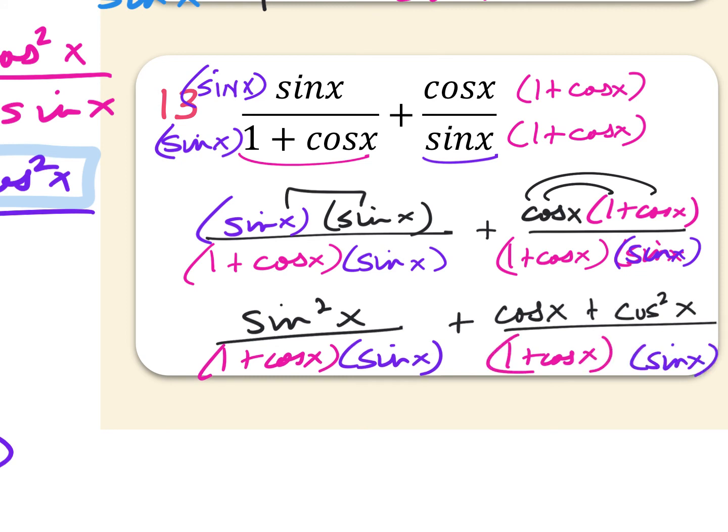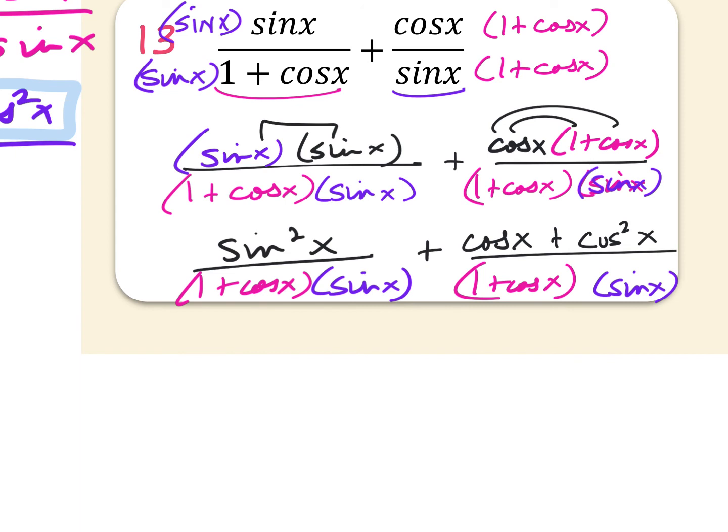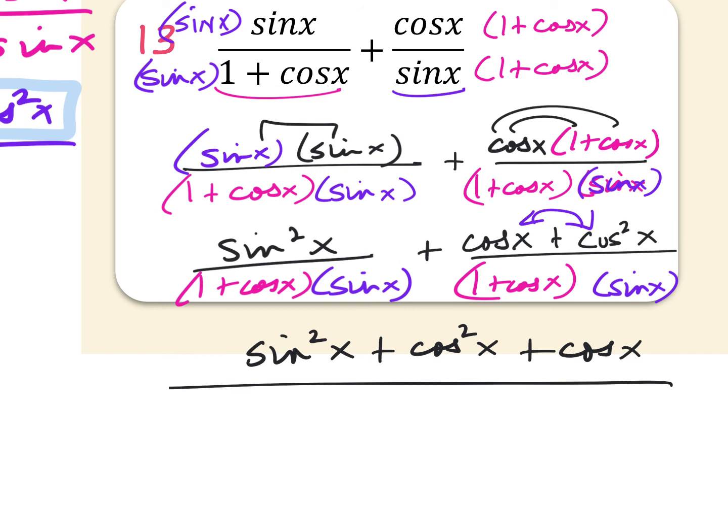Now that I have a common denominator and I've distributed, now I can combine my like terms. Now I'm actually going to apply the commutative property, and I'm going to switch these two terms. So when I go to write this, I have sine squared x. I'm going to flip and put the cosine squared x and then the cosine x. And then it's all over the same denominator.